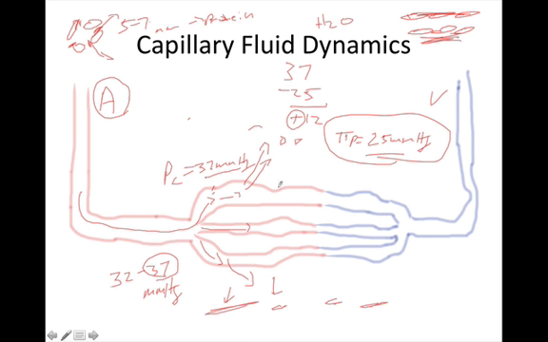Now, as blood flows down the length of the capillary bed, go back to that hose analogy. There are a few things happening that are slowing down blood flow and reducing the blood pressure and the hydrostatic pressure here.